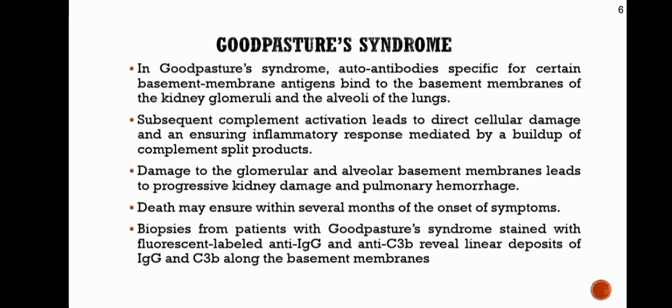Damage to the glomerular and alveolar basement membranes leads to progressive kidney damage and pulmonary hemorrhage. Death may ensue within several months of the onset of symptoms. Biopsies from patients with Goodpasture syndrome, stained with fluorescent labeled anti-IgG and anti-C3b, reveal linear deposits of IgG and C3b along the basement membranes.